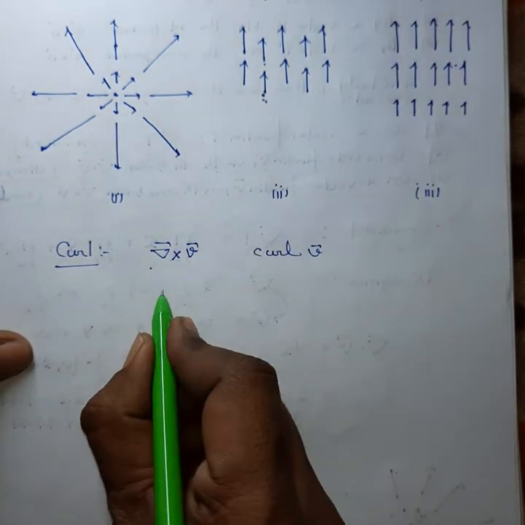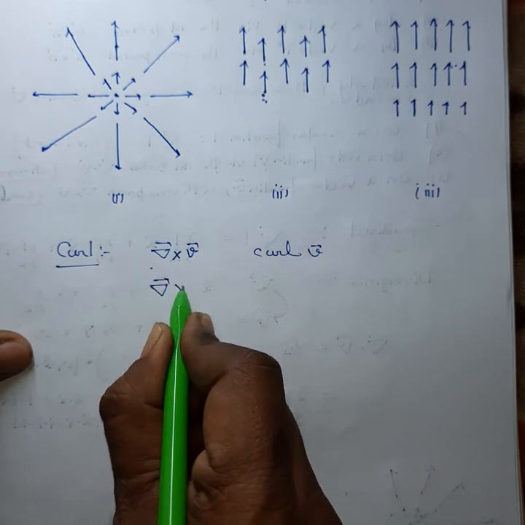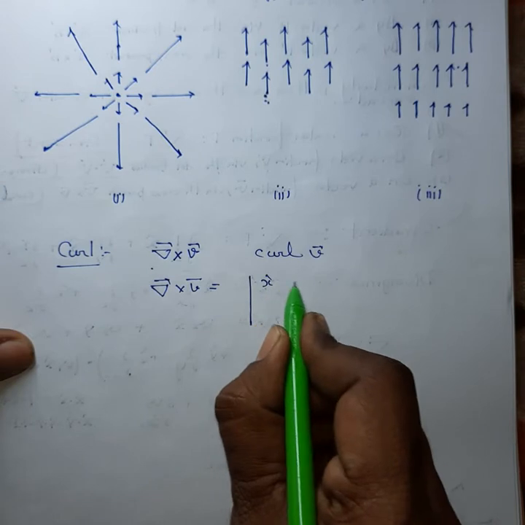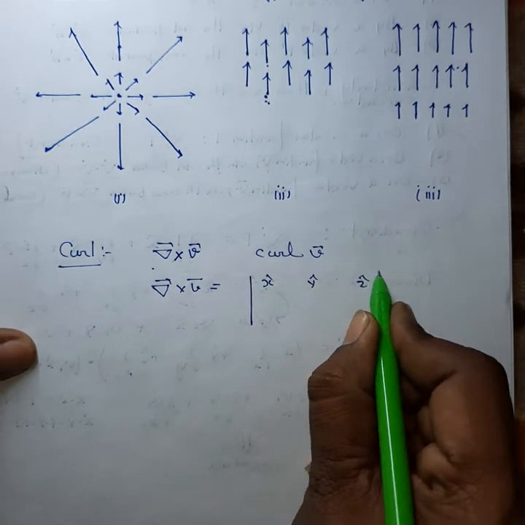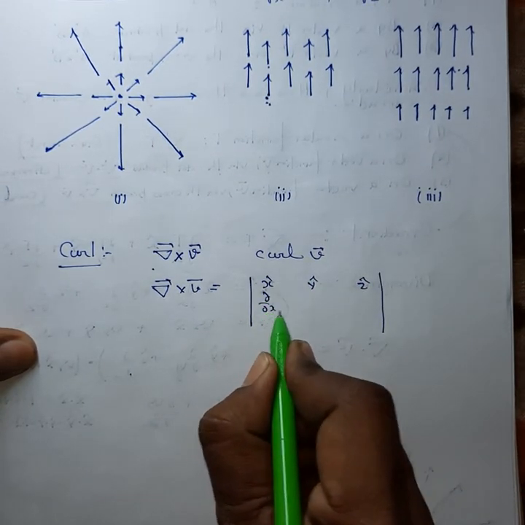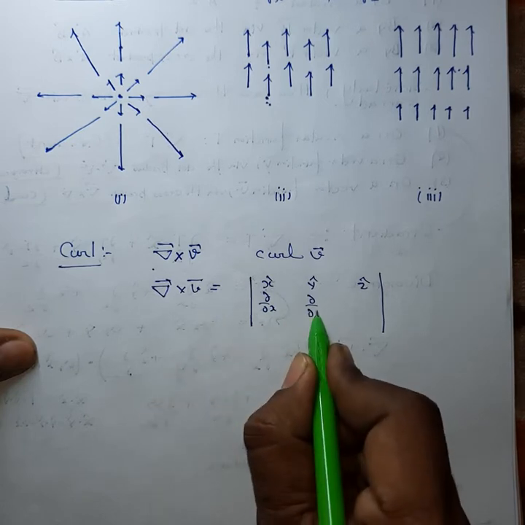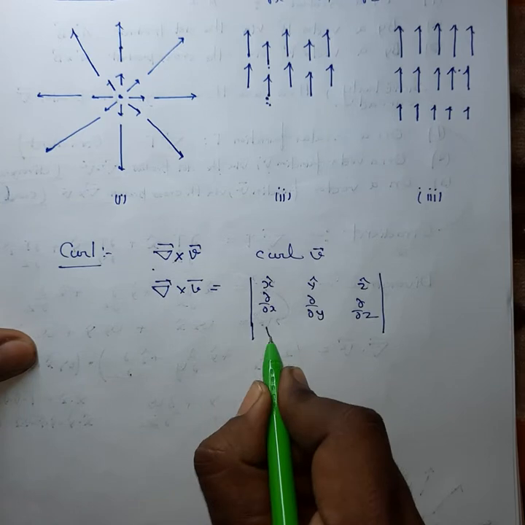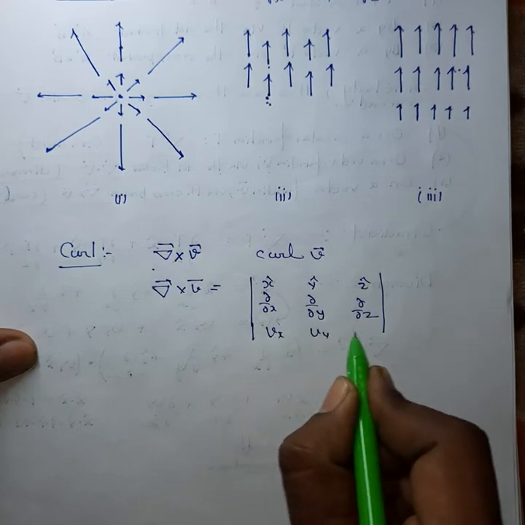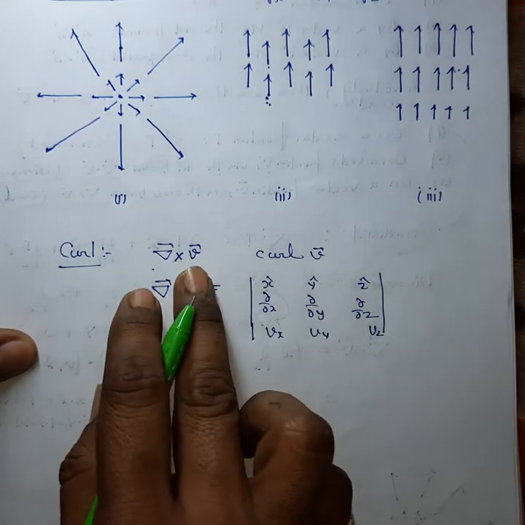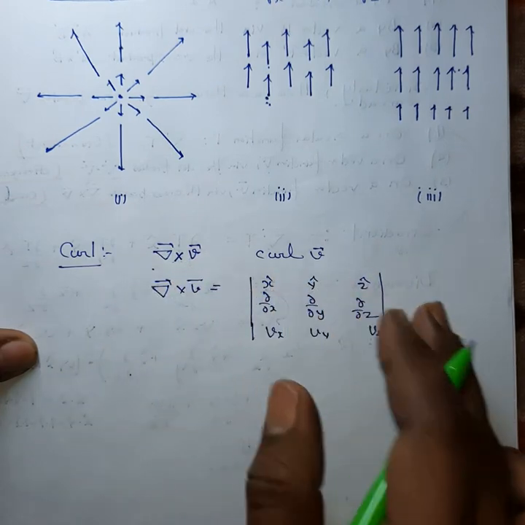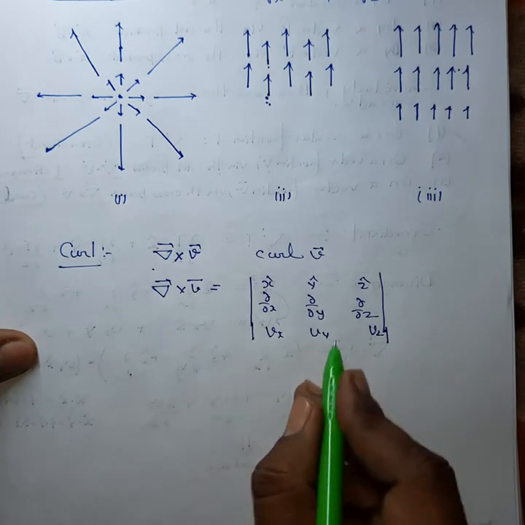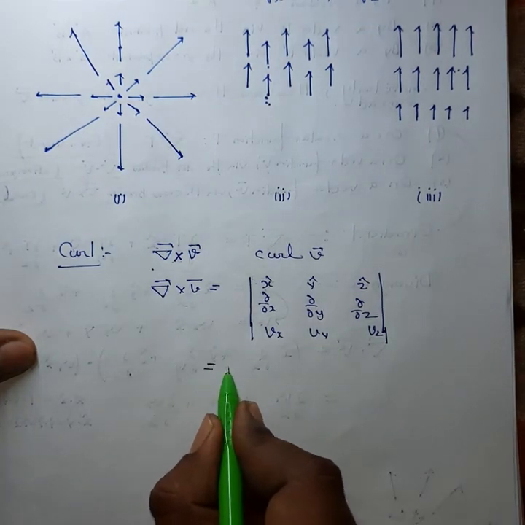We can construct the curl of v as we do with a determinant: x cap, y cap, z cap, del by del x, and so on. In component form, vx, vy, vz are the components of v along x cap, y cap and z cap. So you can calculate the curl of any vector v like this.